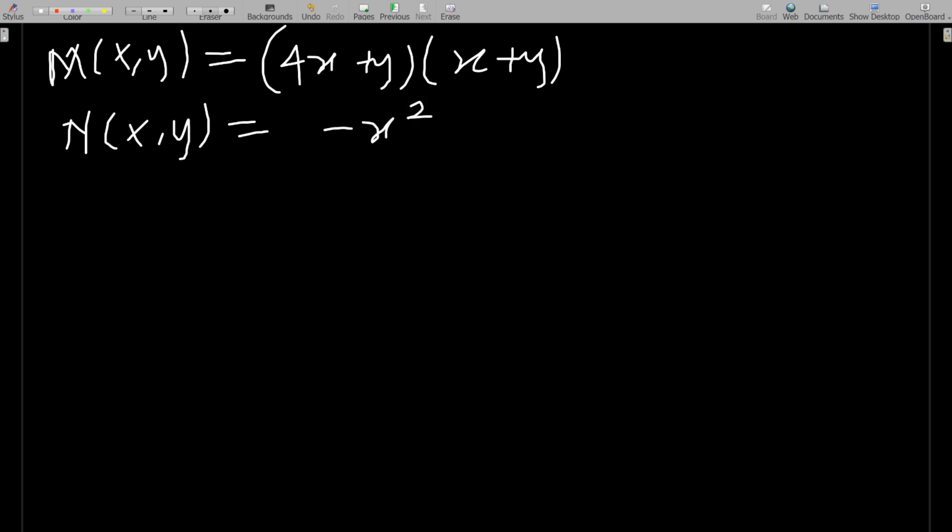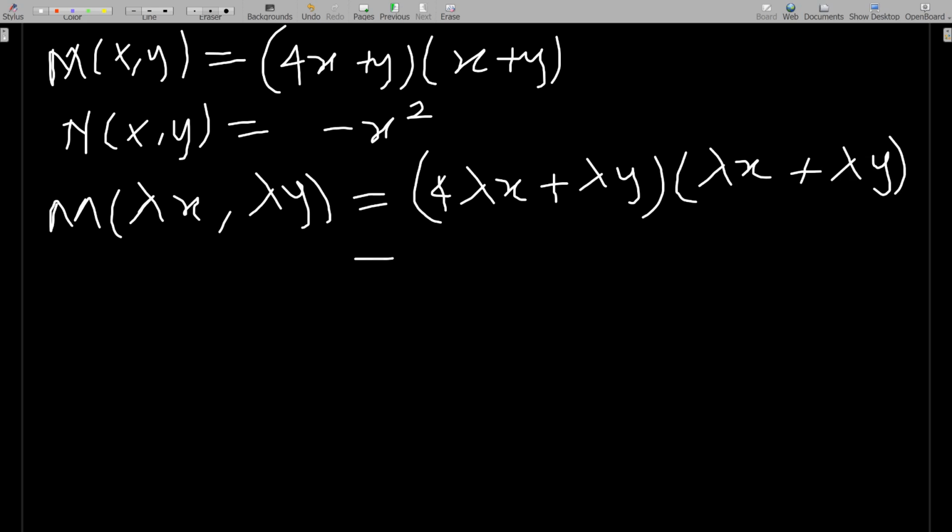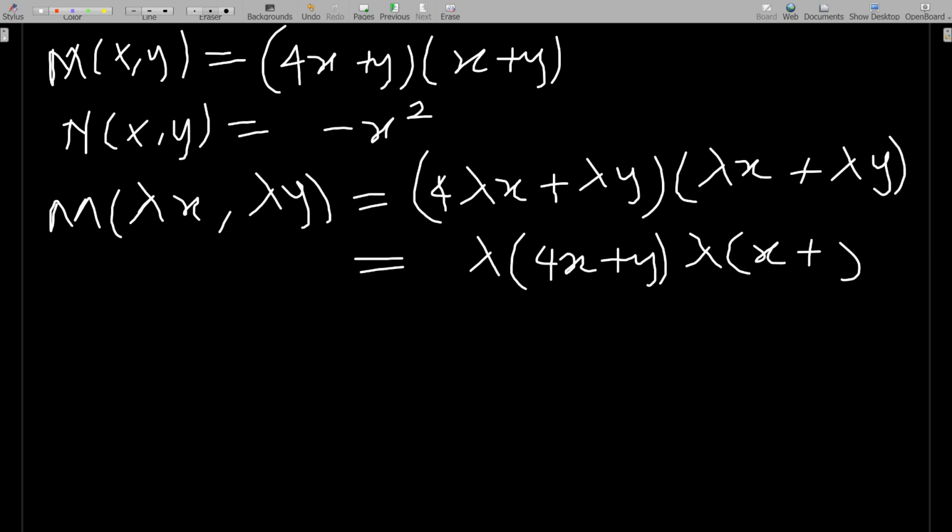So we check the homogeneity of M of lambda x, lambda y, and this is equal to (4 lambda x plus lambda y) into (lambda x plus lambda y). Then in the first bracket I can factor lambda out, so I have 4x plus y, and in the second bracket I can factor lambda out, and I have x plus y.